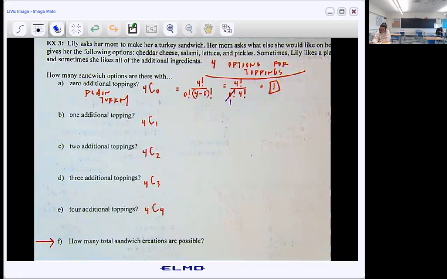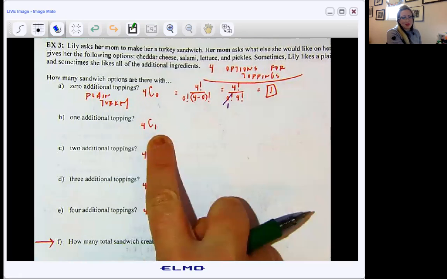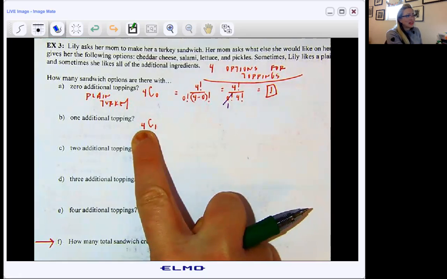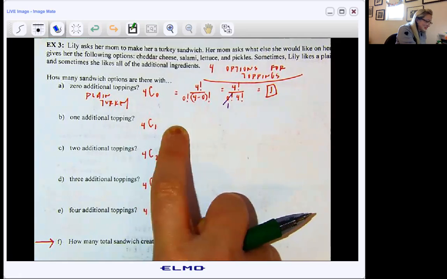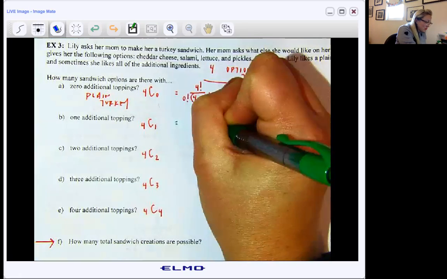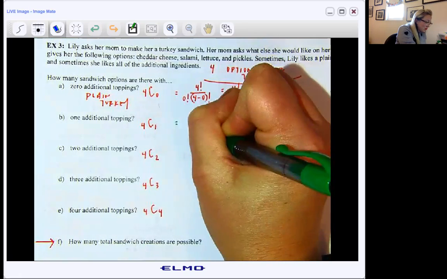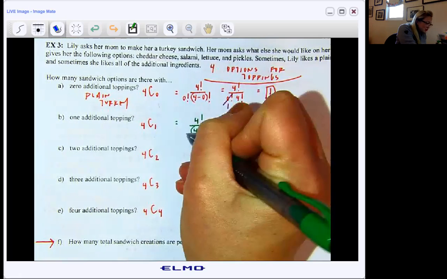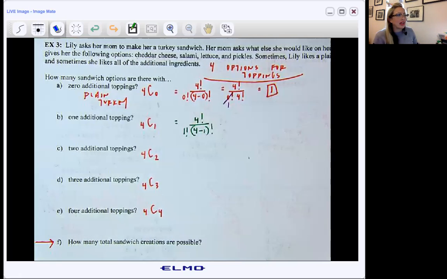Okay, but how many ways could she get 1 additional topping? Well, whenever we have 4 choose 1, it ends up just being the n value. So I know right off the bat that it's going to be 4. But let me show you the mechanics. So I have 4 factorial over 4 minus 1 factorial, and then the duplicates, 1 factorial out in front.